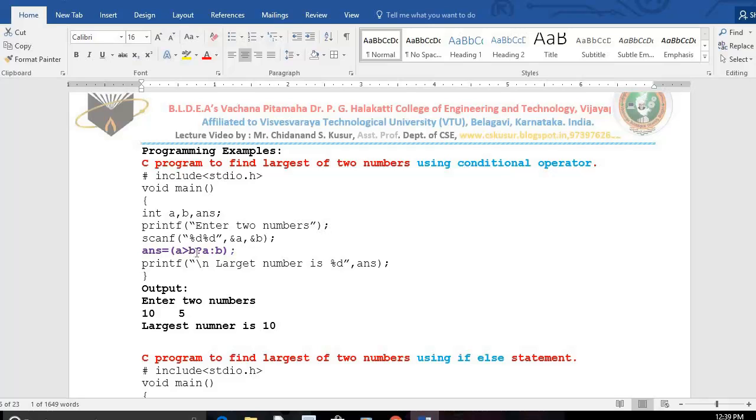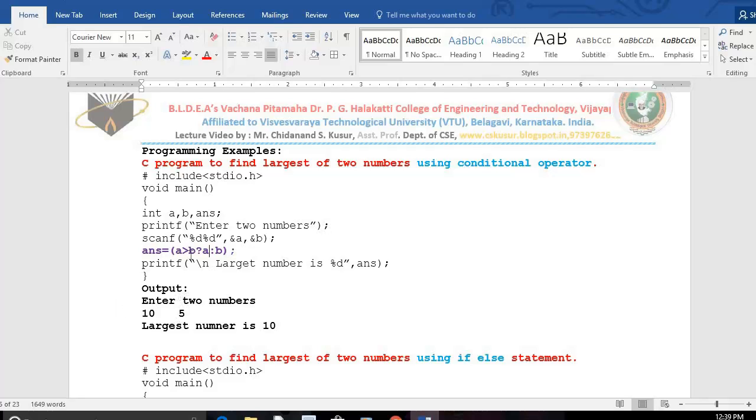Yes. A greater than B is expression 1, A is expression 2, B is expression 3, with question mark and colon as the conditional operator. If A is greater than B, A is returned; if not, B is returned. Any one of them will be returned.